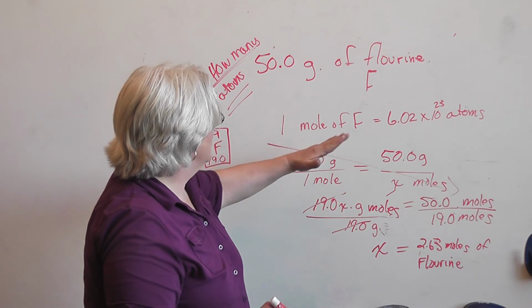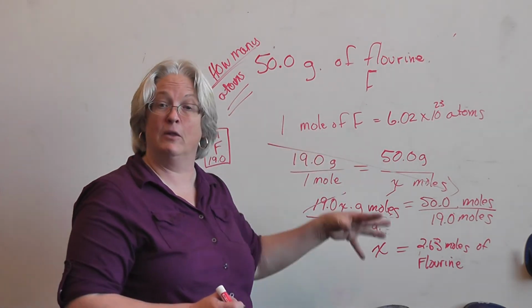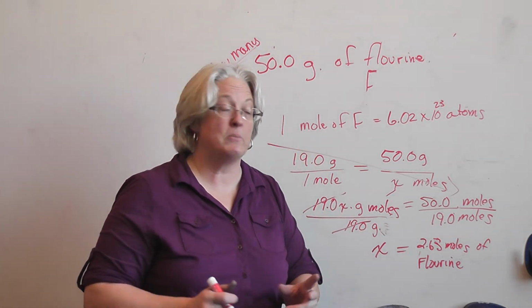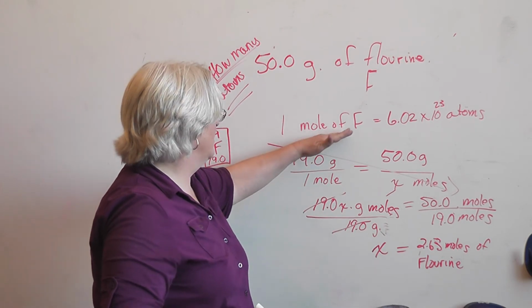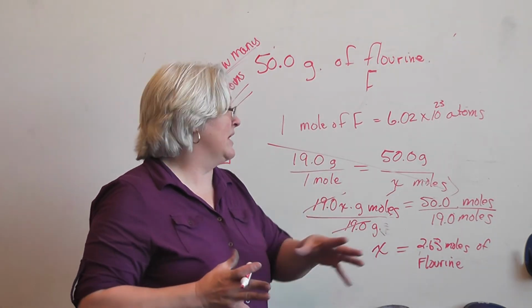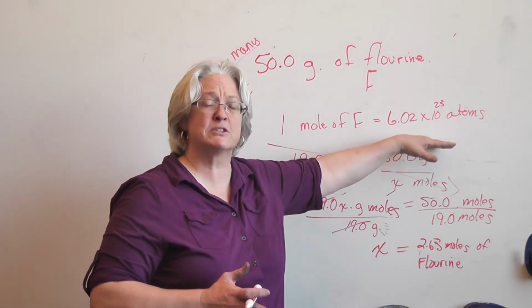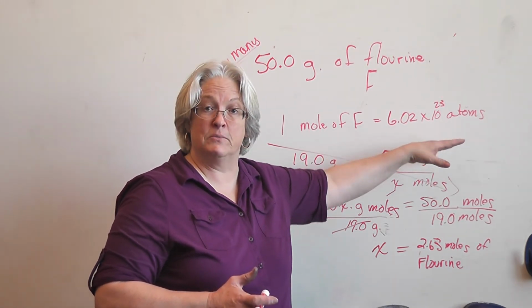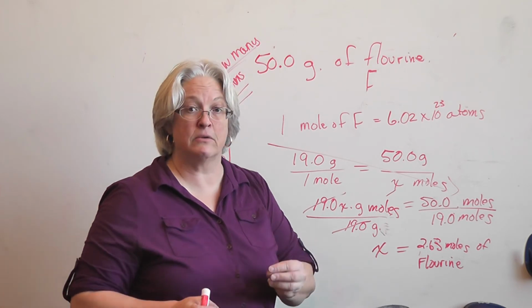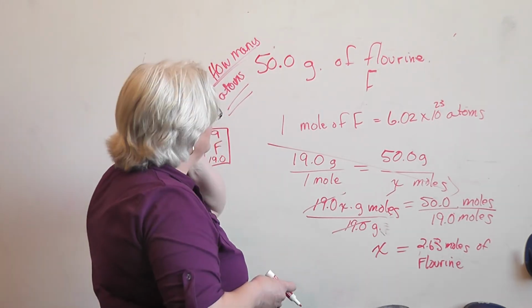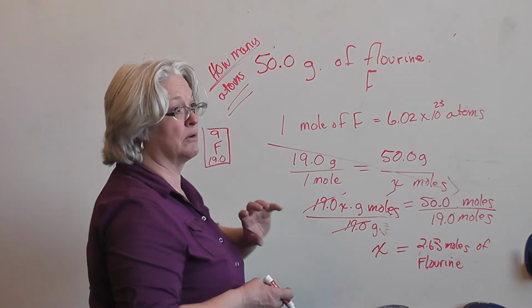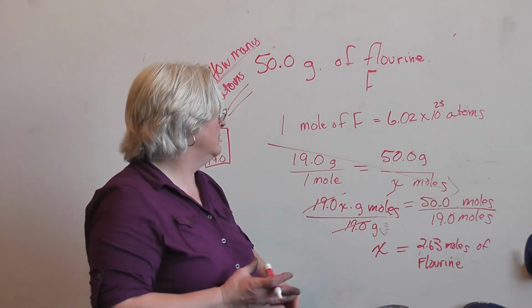Because we know that no matter what element, no matter what compound we're talking about, 1 mole of that has to contain 6.02 times 10 to the 23rd atoms, or 6.02 times 10 to the 23rd molecules.